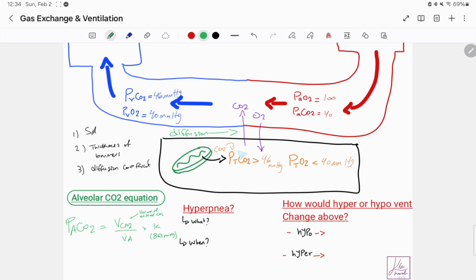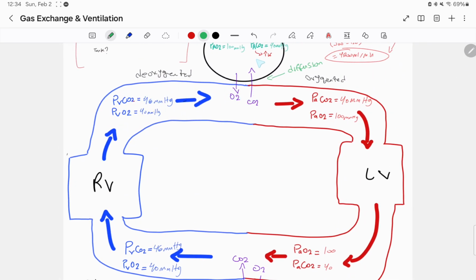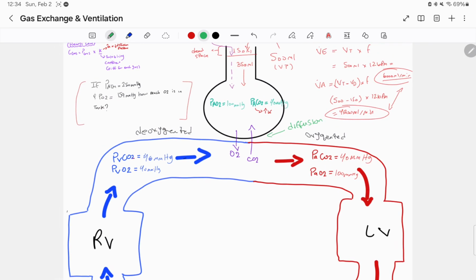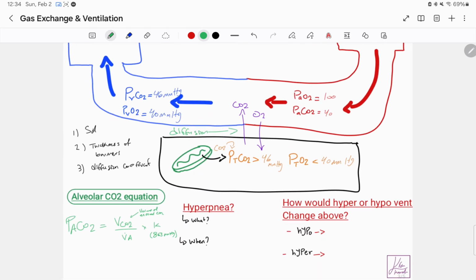It's coming from the cells. It's metabolic waste, from your metabolism. Remember, your mitochondria make some CO2, that CO2 goes out into the blood, circulates all the way up, gets exchanged at the level of the alveoli, and then you breathe it out. So that's what this VCO2 is: metabolic waste of CO2.